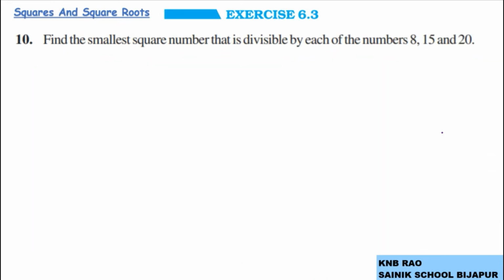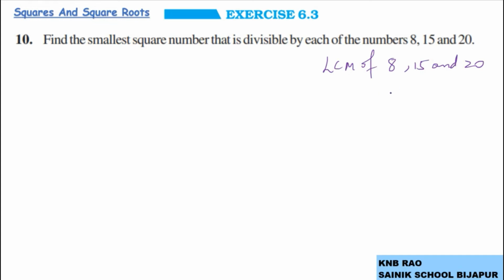In question number 10, just as we solved question number 9, we have to find the smallest square number that is divisible by each of the numbers. So you find the LCM of 8, 15 and 20.